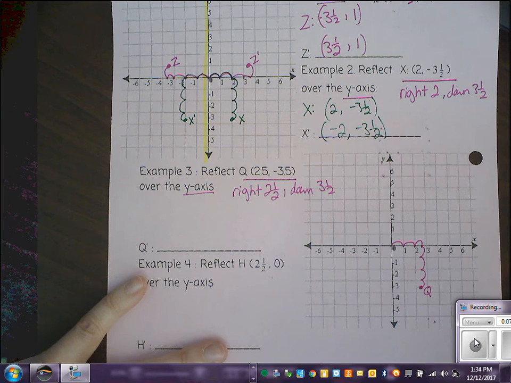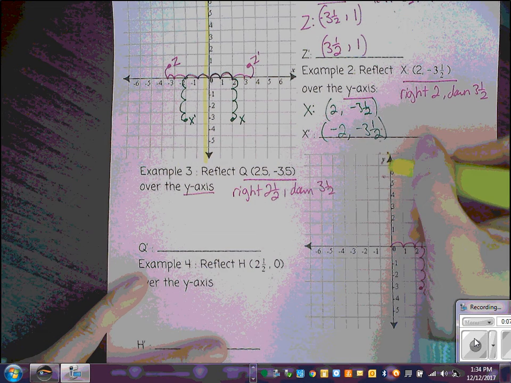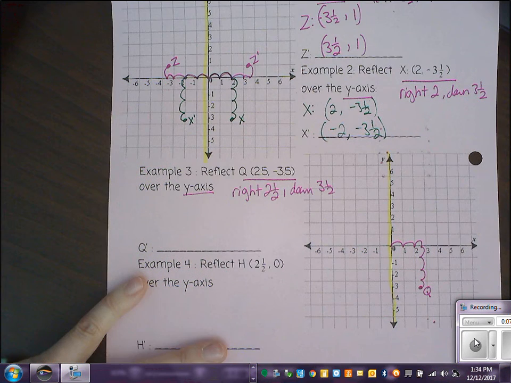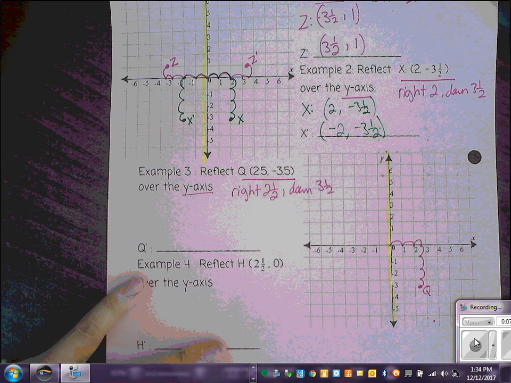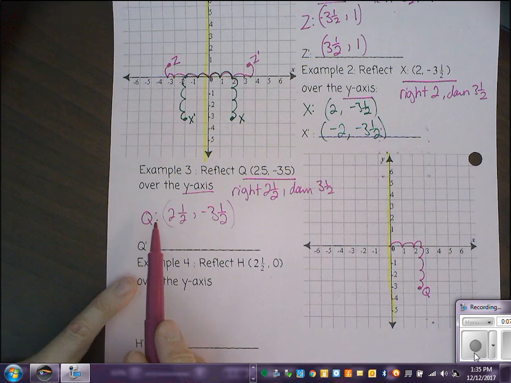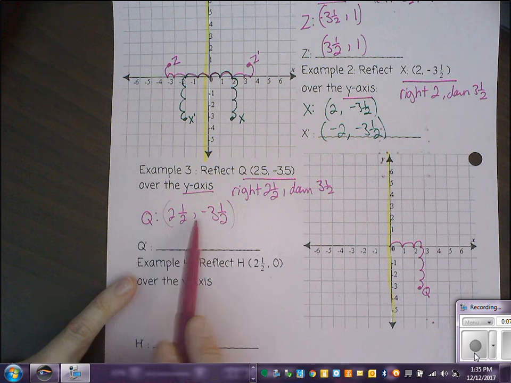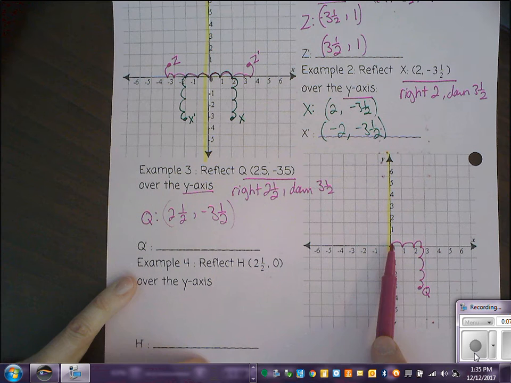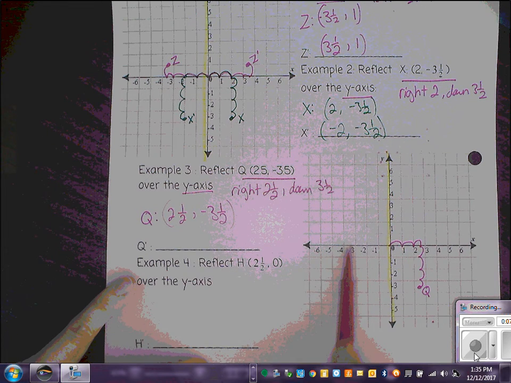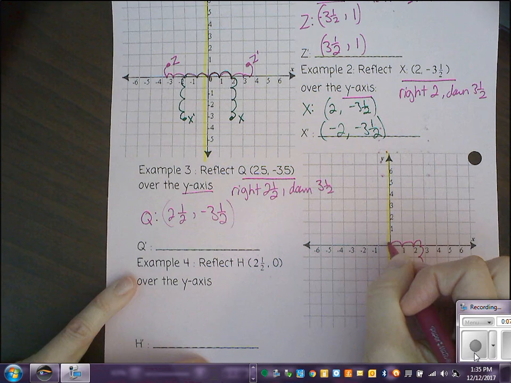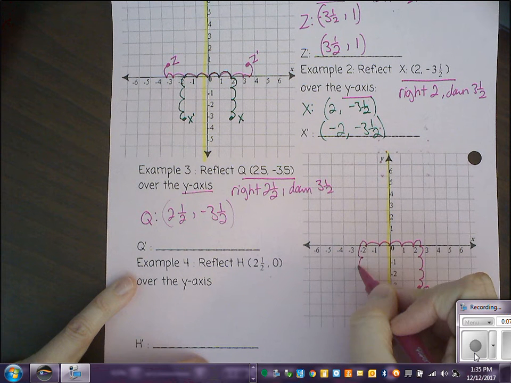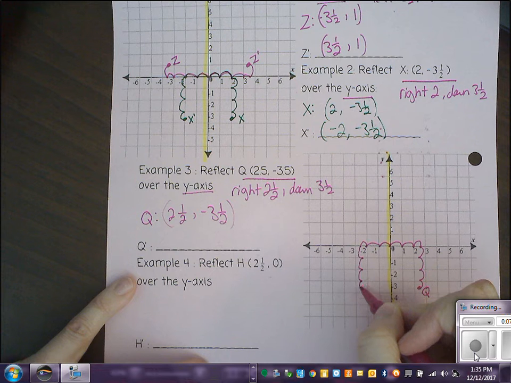We are reflecting over the y-axis, so highlight your y-axis. So I wrote down my original coordinates for Q, 2.5, negative 3.5. I'm reflecting over the y-axis, so instead of going right now, I'm going to go to the left. So I'm going to graph it to the left, 1, 2.5, and then down 1, 2, 3.5.